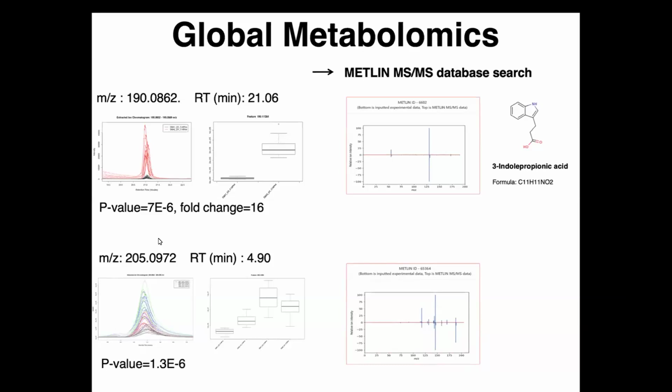In the METLIN hit of the feature m/z 205, the top spectrum is the METLIN MS2 of tryptophan, and the bottom is the experimental MS2 of m/z 205. In conclusion, the two metabolites identified were down-regulated in the infected mice, but upregulated in the infected mice that survived the infection.